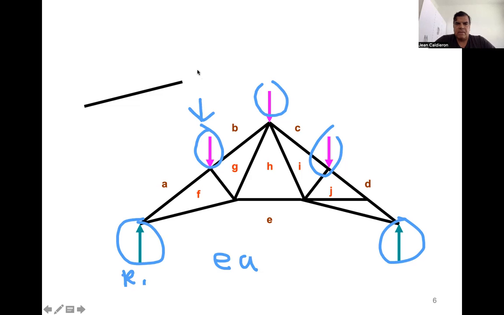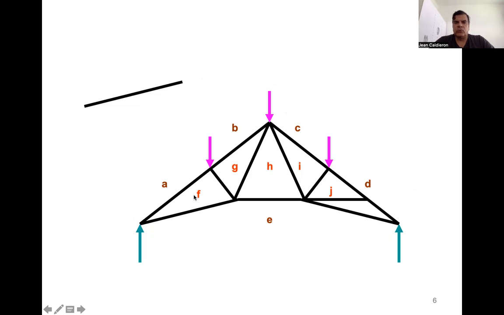This force is BA, this one is BC, and this one is CD, etc. After we finish the exterior part, we go to the triangles on the inside, and we put the rest of the names. We don't have a name here because obviously, in this case, this member is not supposed to be there.